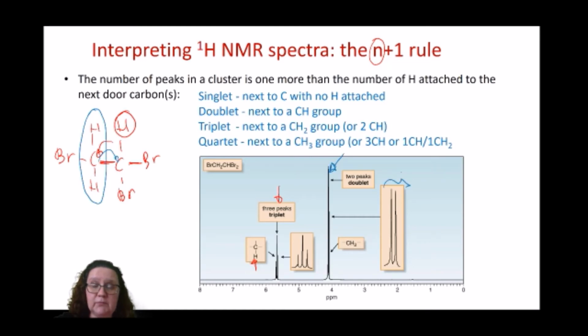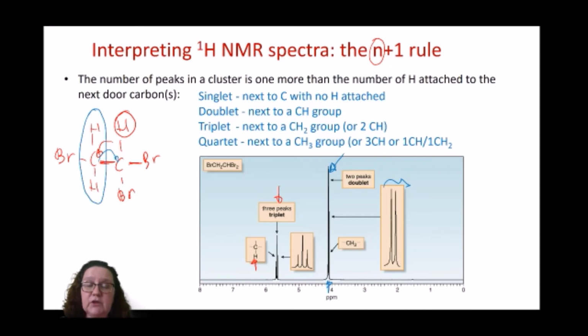They appear as a doublet not because there are two hydrogens. They appear as a doublet because the neighboring carbon has only one hydrogen, and that's what gives the doublet. So the position of the peak, the fact that it's at 4 ppm or 5 ppm or 6 ppm, tells us what type of hydrogen it is, whether it's near a bromide, near an oxygen, near a carbonyl group, forming part of a benzene ring, etc. The position tells us what type of hydrogen we are looking at.